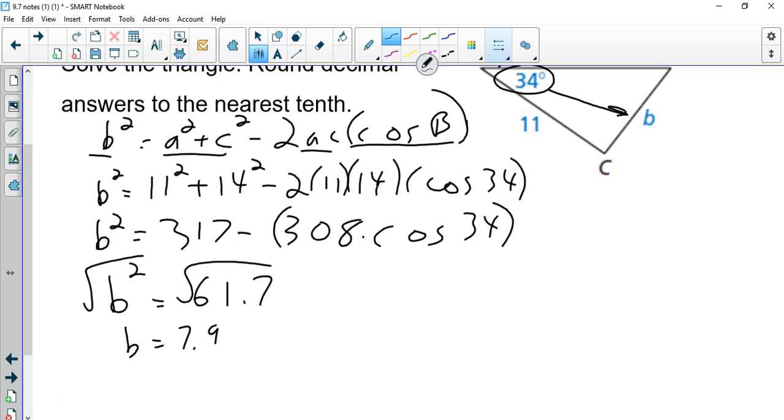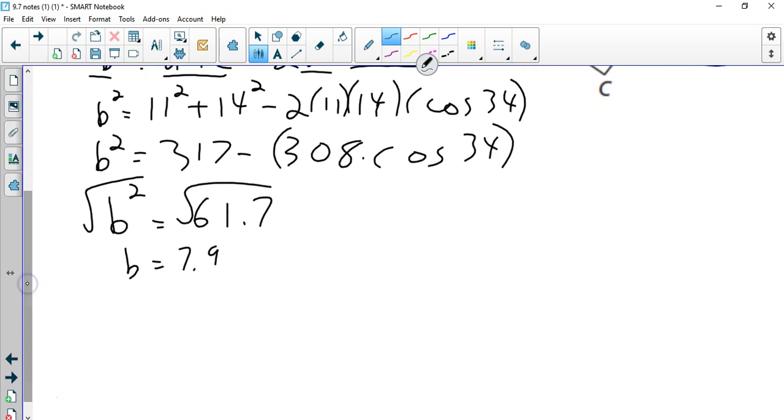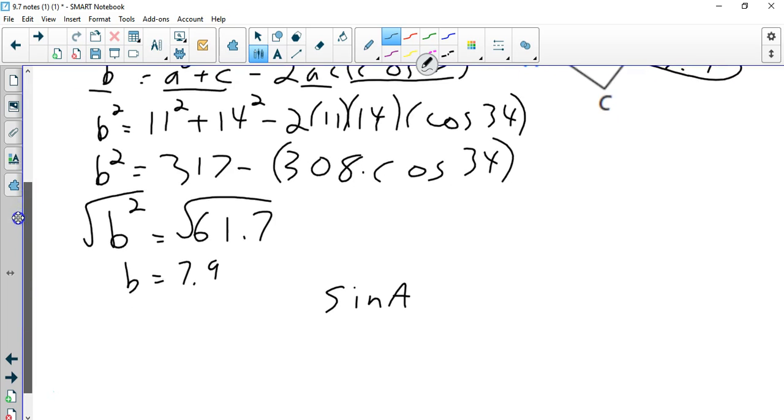So that tells me this is 7.9 right here. Now I have, from the last section, my magic ratio. So I can now write, and now you're trying to find A or C, it doesn't matter. Just pick a letter. I'm going to go for A. Sine of A, and what's opposite A? 11. And we can do this with B also. It doesn't really matter.